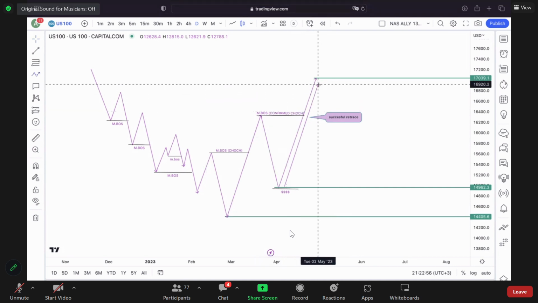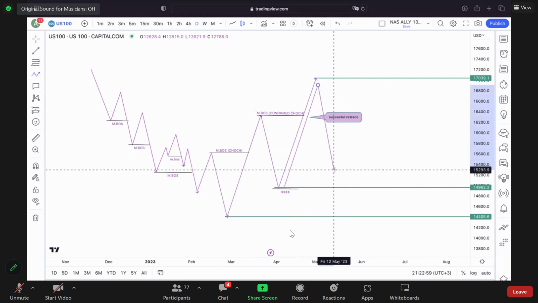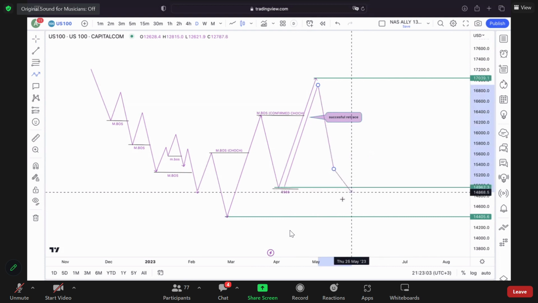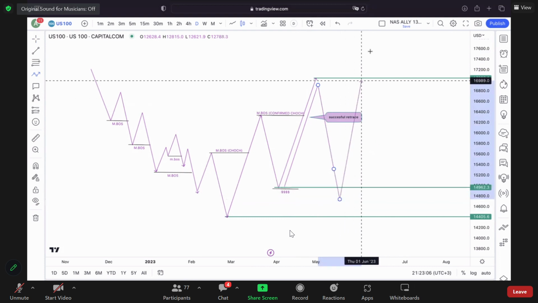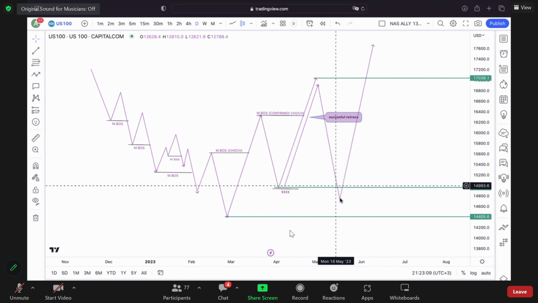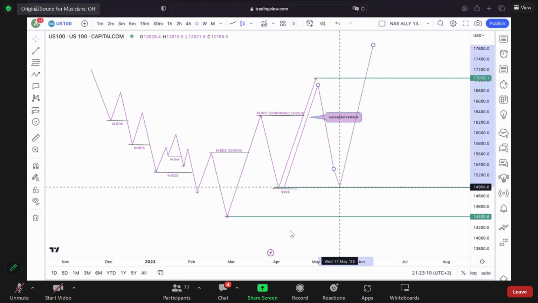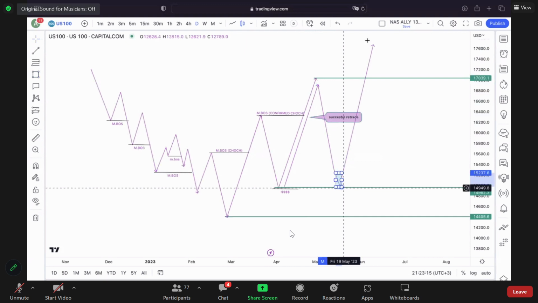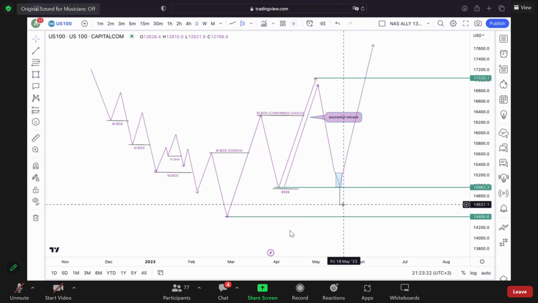If the market has enough liquidity, it can pull back and continue, or it can just liquidate that low and continue. What this will look like is maybe a body, and then this liquidation will be a wick, and then the market will continue in that direction.